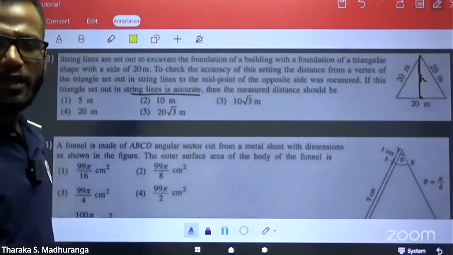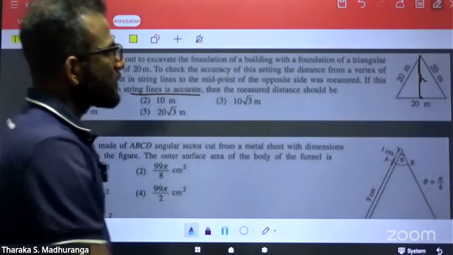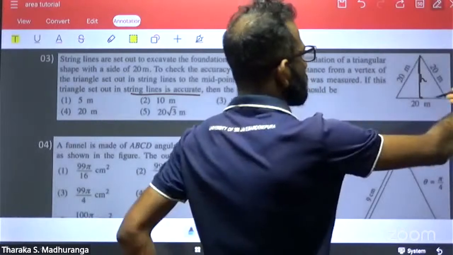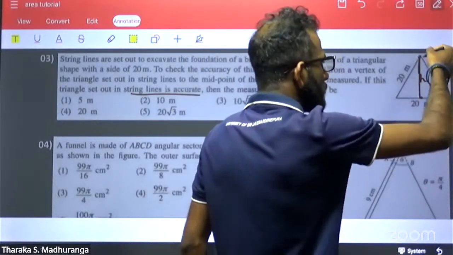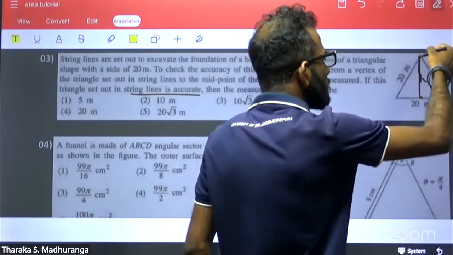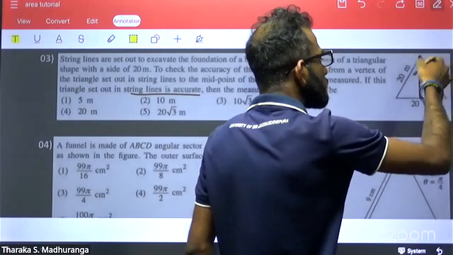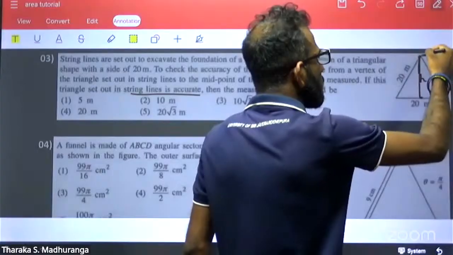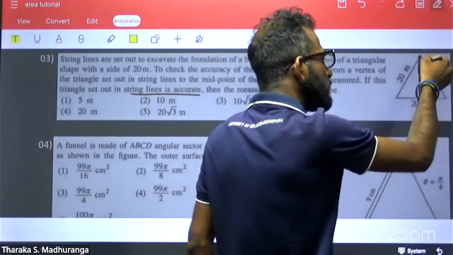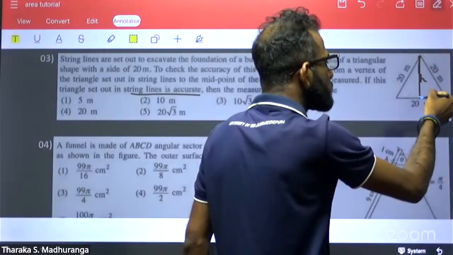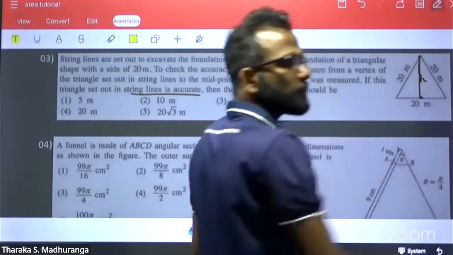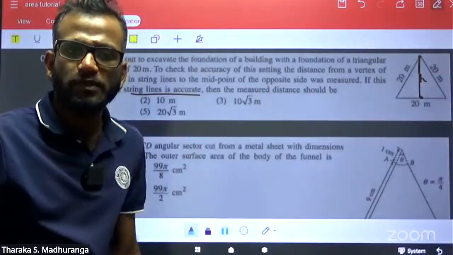Okay, get the answer. This is an equilateral triangle. From one vertex, whichever vertex, it has three vertices. From one vertex, there is a line to the midpoint of the opposite side.